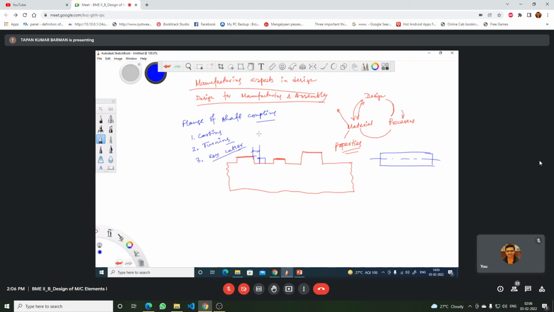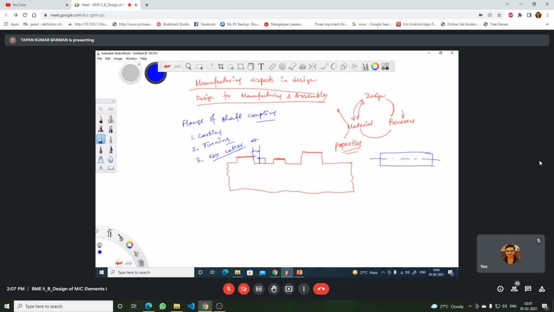You have to take a separate operation to make the slot there, to accommodate the key, one square key or rectangular key, and for that you have to make one slot for the key. So there should be at least 3 processes to complete the flange.